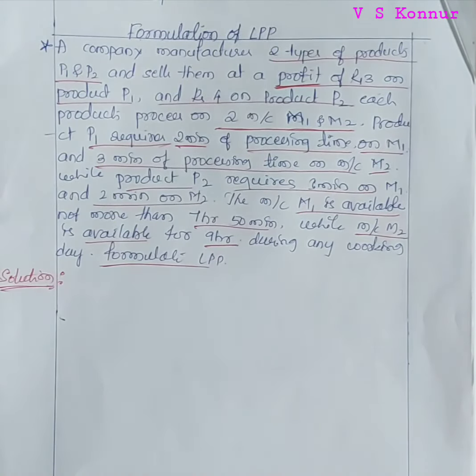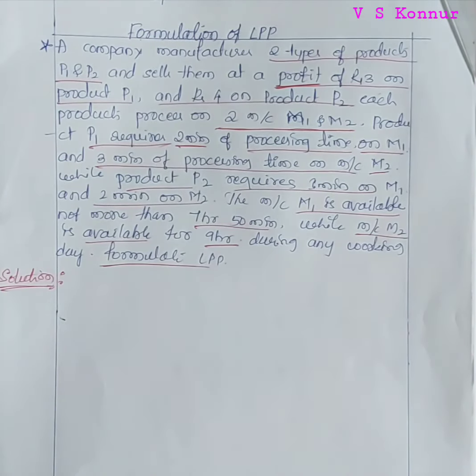Product P1 requires 2 minutes of processing time on M1 and 3 minutes of processing time on machine M2, while product P2 requires 1 minute on machine M1 and 2 minutes on machine M2. The machine M1 is available not more than 7 hours 50 minutes, while machine M2 is available for 9 hours during any working day.